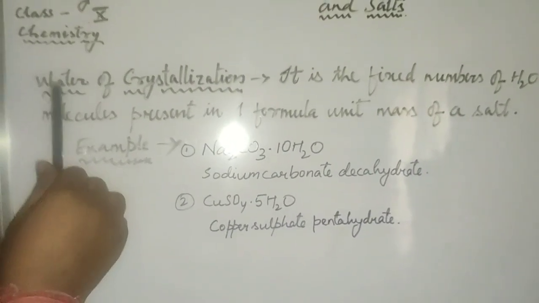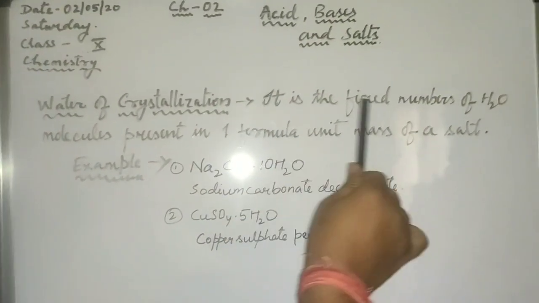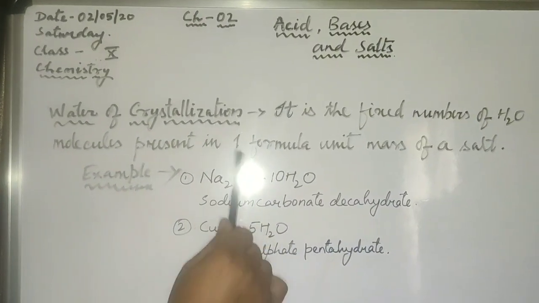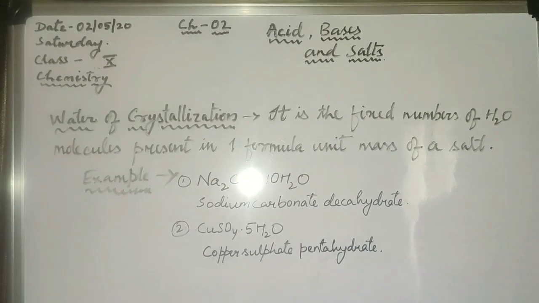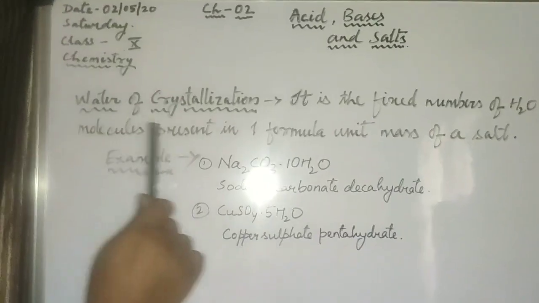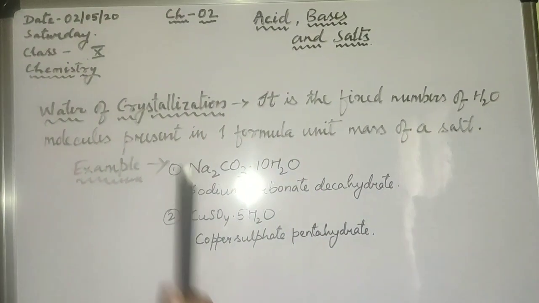Now, water of crystallization. What is water of crystallization? It is the fixed number of water molecules present in 1 formula unit mass of the salt. Remember it? Number of water molecules present in 1 formula unit mass of salt. It is always fixed.